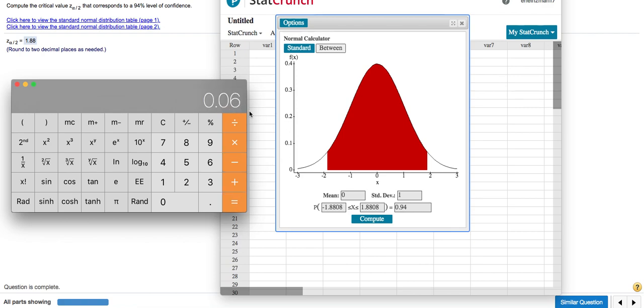And this 0.06 is the sum of this part and this part. The divided by 2 is just telling you to take that area, divide it by 2, to get that this side by itself is 3%, and this side by itself is 3%. So in this problem, alpha over 2 is 0.03 or 3%. That number is important when using these tables to figure out this value for z of alpha over 2.